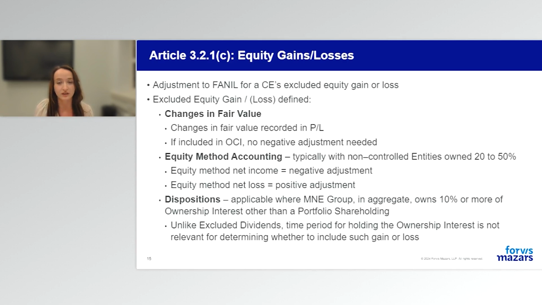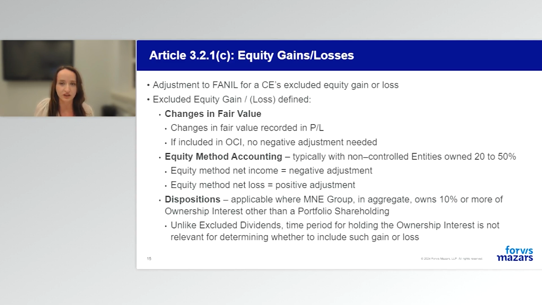We just heard the term portfolio shareholdings when we discussed the excluded dividends. However, unlike the excluded dividends, the time period for holding the ownership interest is not relevant for the equity gains and losses. So merely the interest percentage is relevant.